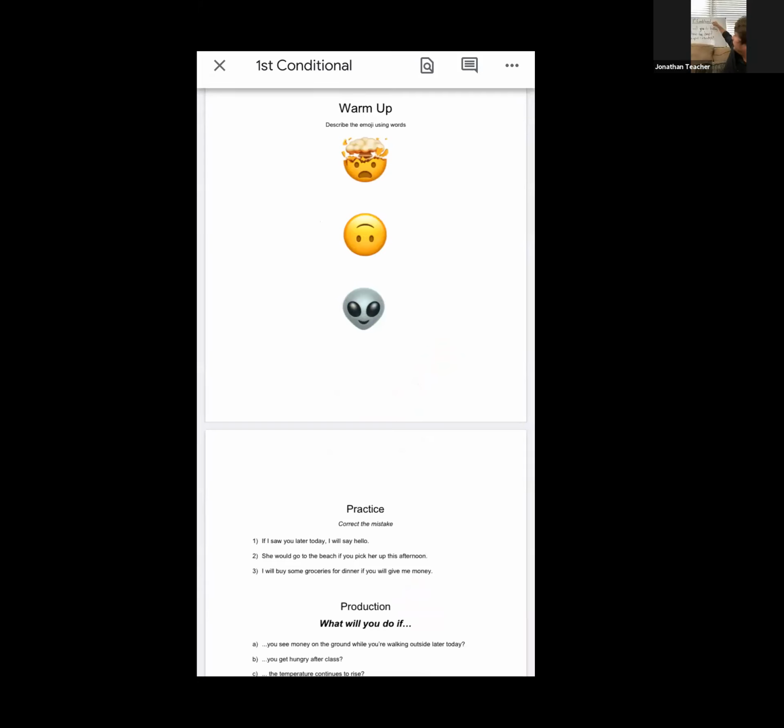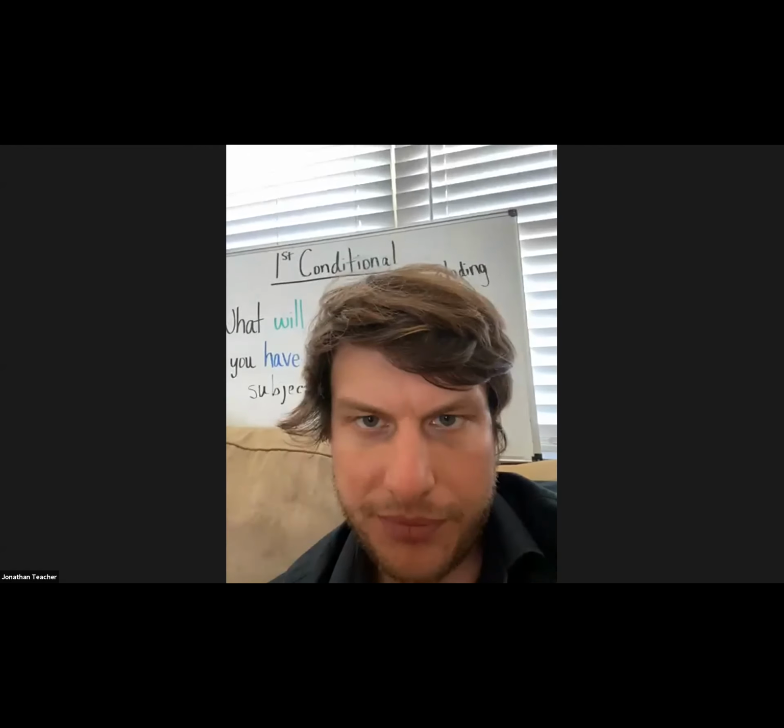Let's say this. The emoji is exploding. Why do I use the present continuous grammar? Present continuous. Because it's at the moment. Yeah. At the moment.